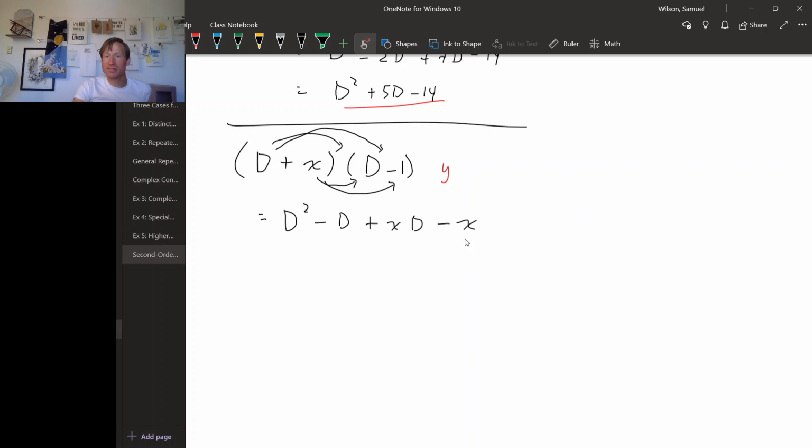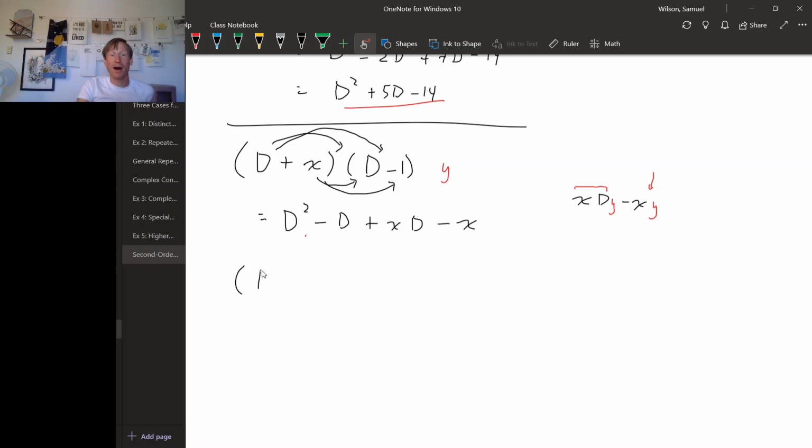Remember these last two terms, xD minus x, there's an implicit function y that we're acting on here. So the operator x is really the operator that multiplies your function y by the function x, and the operator xD is the operator that first takes a derivative, and then after you've taken the derivative, multiplies by x. All right, so that's what you get when you multiply these two first order operators in this order.